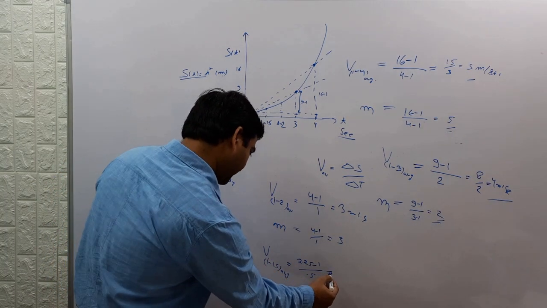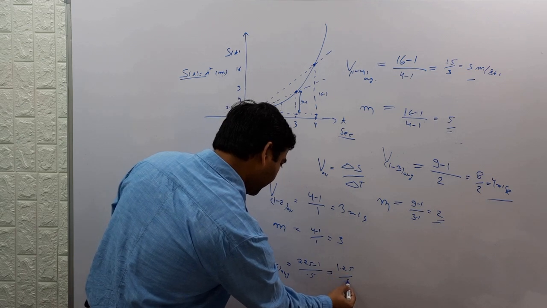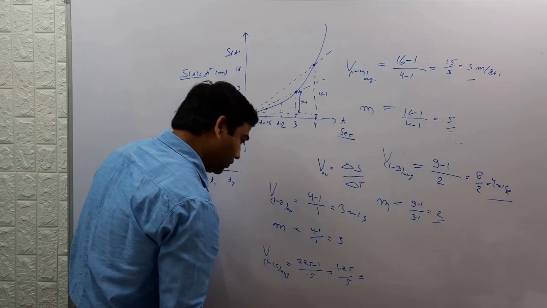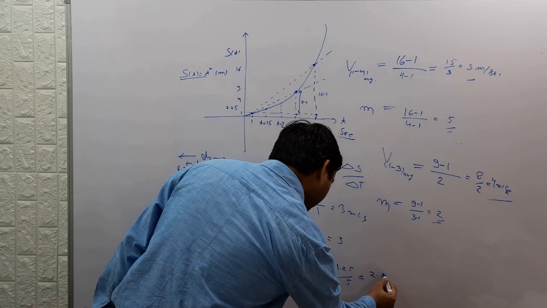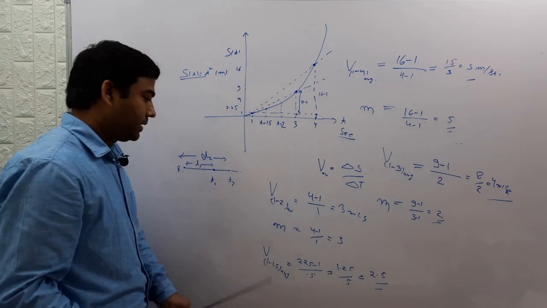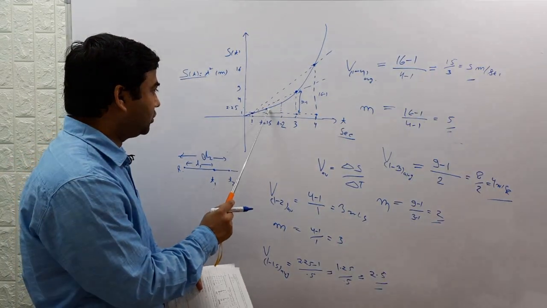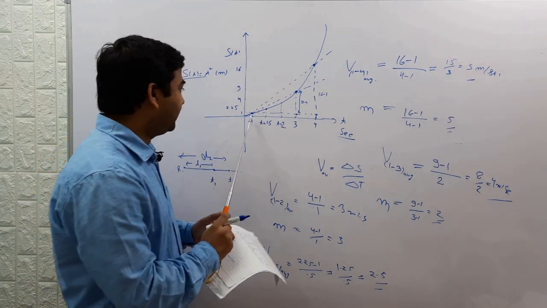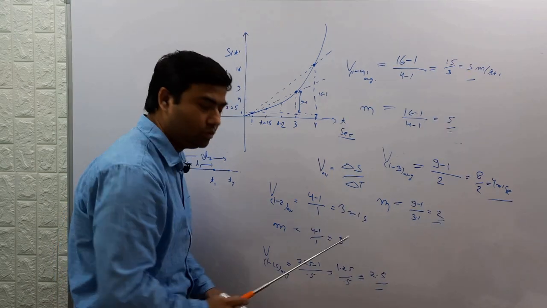So you will get 1.25 by 0.5 is equal to 2.5 meter per second. Similarly, you will find the gradient of the secant for t equal to 1 to t equal to 1.5 equal to 2.5.